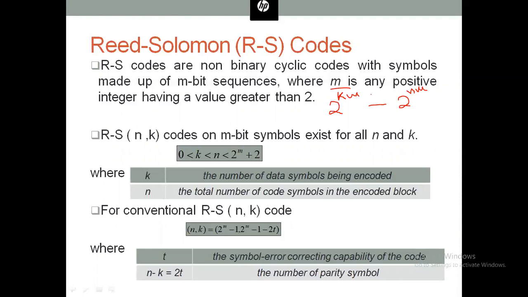For example, if the value of k is 4 and the value of n is 7, then we have a (7,4) cyclic code. Here we take the value of m equal to 3. So the total number of possible combinations we take from this is 2 raised to power 12.